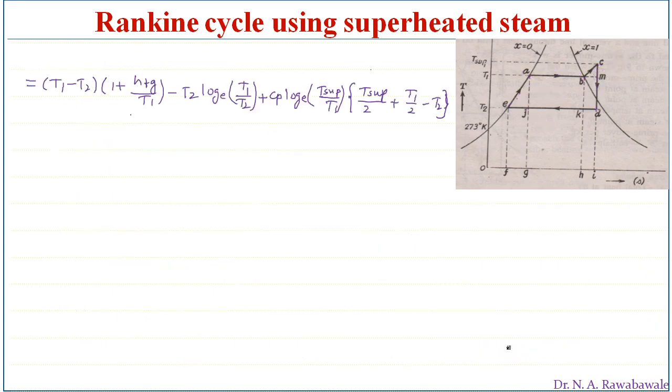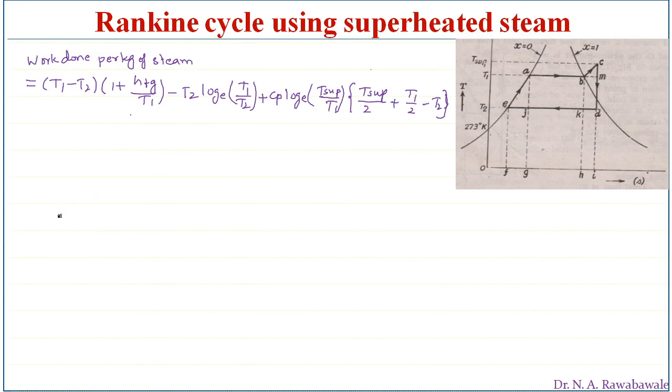So here also we can write T sub divided by 2 plus T1 divided by 2 minus T2. So this is nothing but the equation for work done per kg of steam.